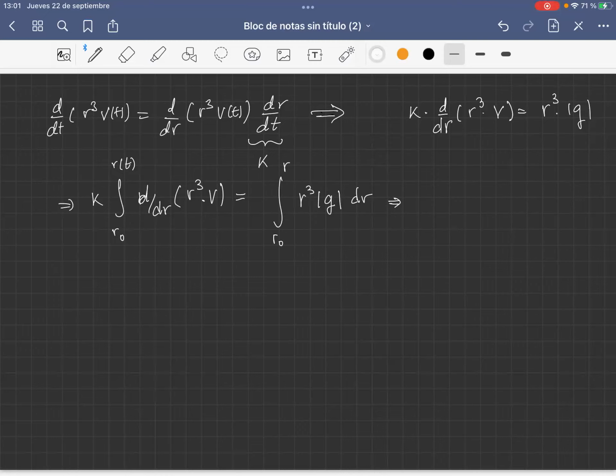Well, we simply have here that on the left hand side, we'll just have our expression in the limits of integration. And here we'll have r to the fourth power times g. And I'm not going to put there the constant of integration because I'll put it on the left hand side.